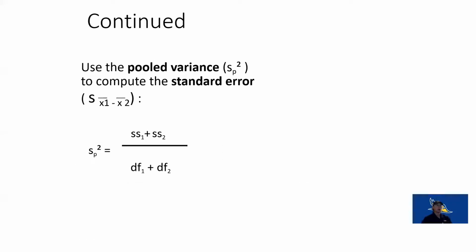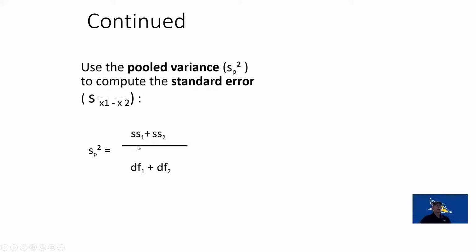Okay, then we have to use the pooled variance, which is used to compute the standard error. This takes the sum of squares of each population or each sample that we took. So the sum of squares 1 plus the sum of squares 2, divided by the degrees of freedom 1 plus the degrees of freedom 2.